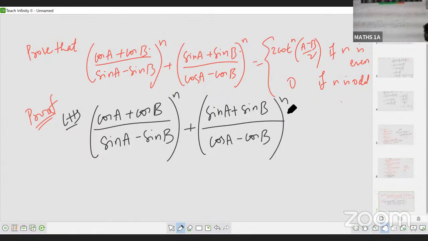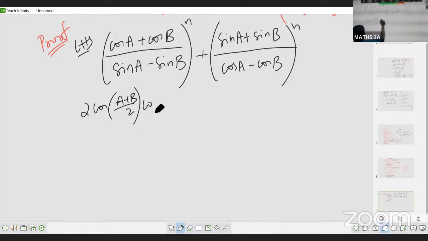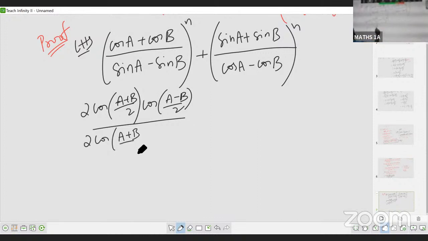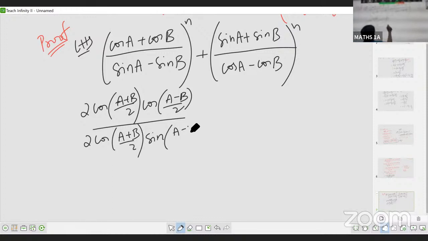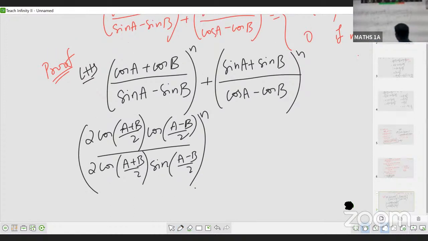Is it clear? Now we are going to write directly the formulas, right? So cos C plus cos D is 2 cos C plus D by 2 cos C minus D by 2. Sin C minus sin D is 2 cos C plus D by 2 sin C minus D by 2. Still this is whole power n, correct?